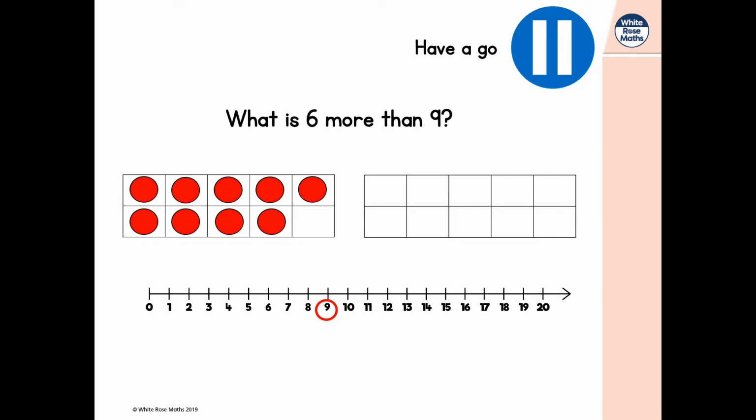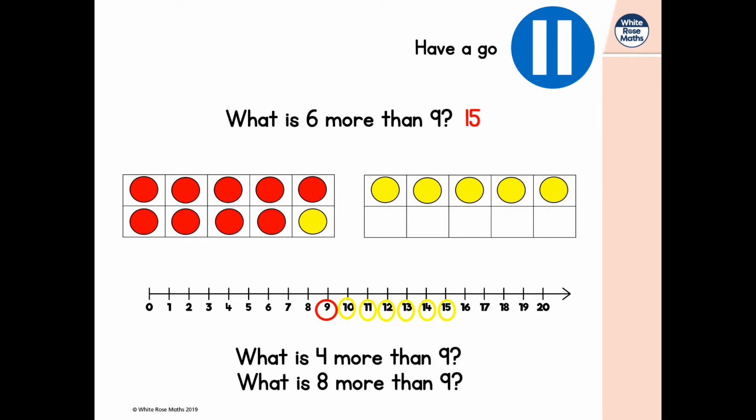We start at 9, but we don't say that number out loud. We hold the number 9 in our head and count on from there, like this. 10, 11, 12, 13, 14, 15. 6 more than 9 is 15.